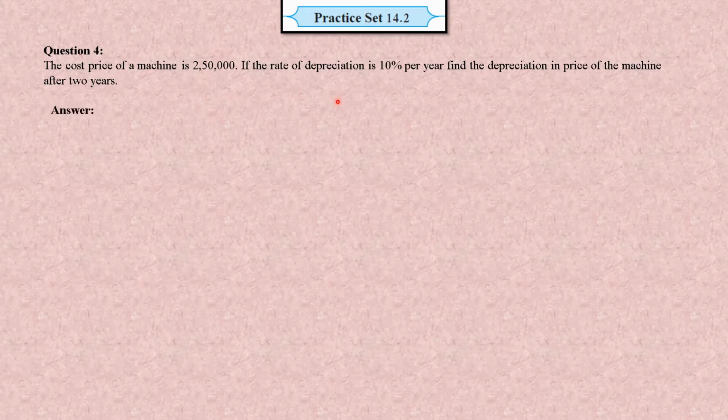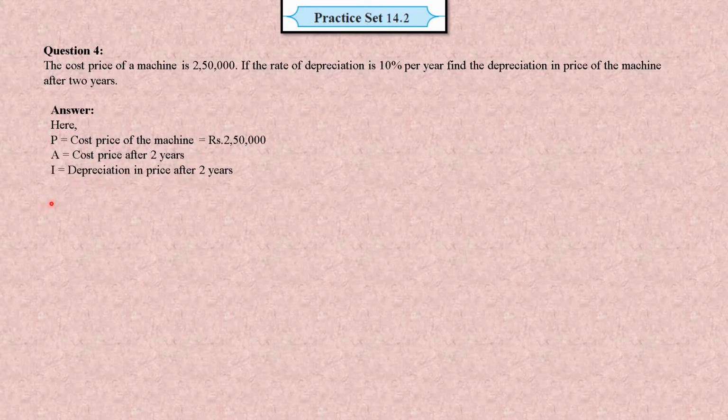Here, P, that is a principal, denotes the cost price of the machine or the original price of the machine, which is 2,50,000. A, that is a cost price after 2 years, keeping the depreciation in mind, which we need to calculate. I, that is the rate of interest, or R, that is the depreciation in price after 2 years.